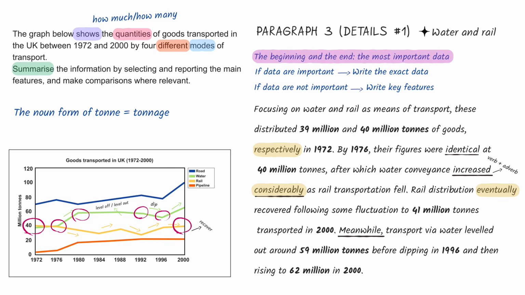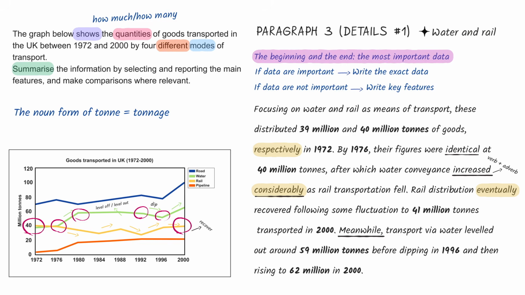Now let's read this paragraph together again. Focusing on water and rail as means of transport, these distributed 39 million and 40 million tons of goods, respectively, in 1972. By 1976, their figures were identical at 40 million tons, after which water conveyance increased considerably as rail transportation fell. Rail distribution eventually recovered following some fluctuation to 41 million tons transported in 2000.